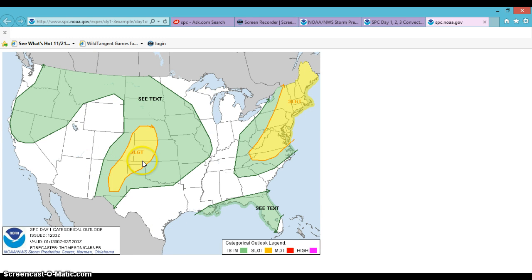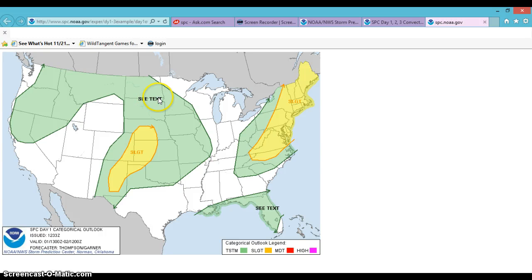Okay, this was an outlook that was issued some time ago, I don't know when. We have two slight risk areas, and then we have those words C-text. C-text here in Florida, C-text up here in the northern plains. Basically, that means, like I said, the risk on that day was too low in these areas, at least according to the SPC, to be categorized as a formal severe weather risk.